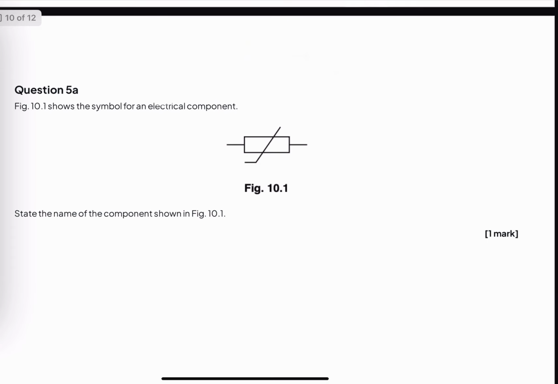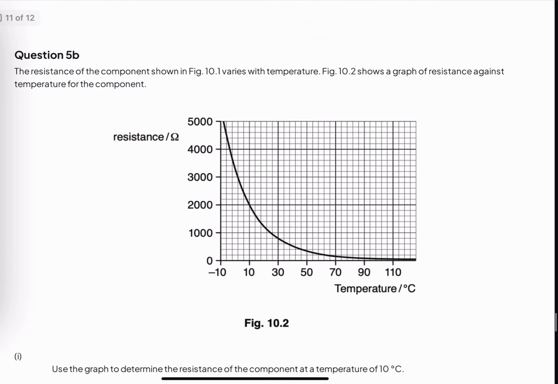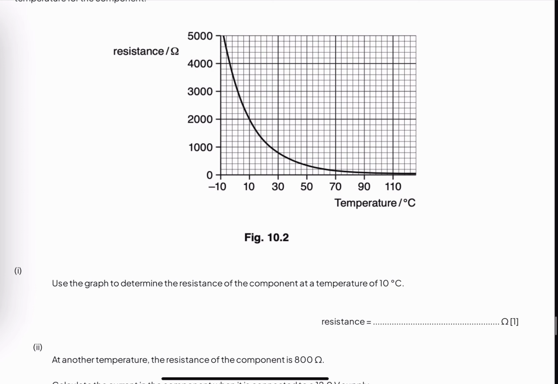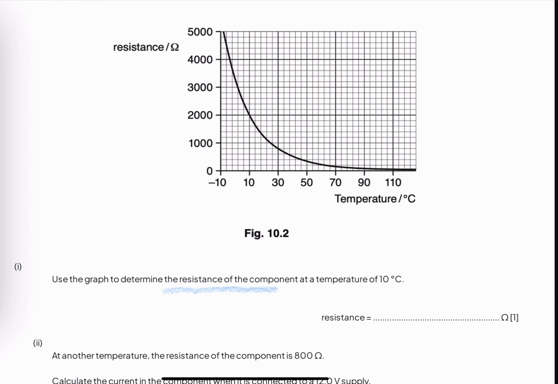Okay, and next, question 5a shows the symbol for an electrical component. You have to write down its name, it's a repetition, it's a thermistor that is shown in the diagram. Okay, in question 5b, the temperature of the component is shown. What we have to do is use the graph to determine the resistance of the component at a temperature of 10 Celsius.